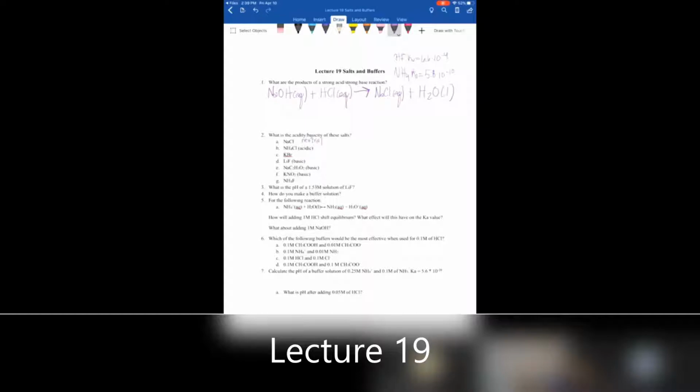And then NH4Cl. It's going to be acidic, like I wrote. What about KBr? What do you think its conjugate acid and conjugate base are?